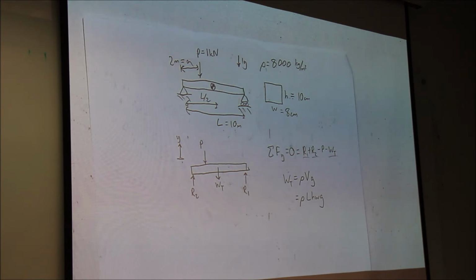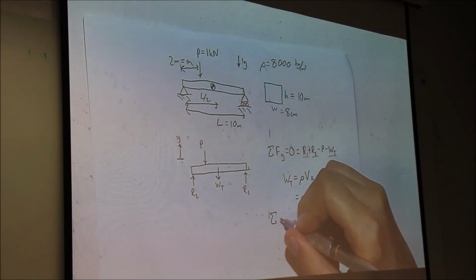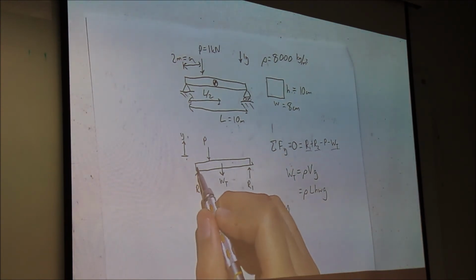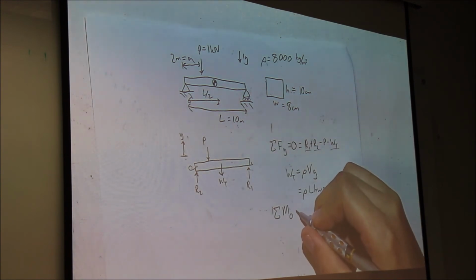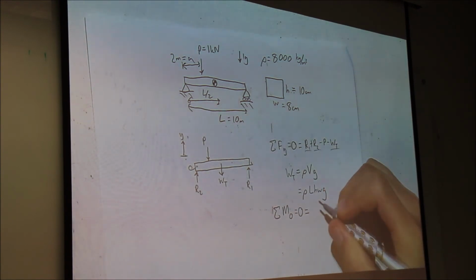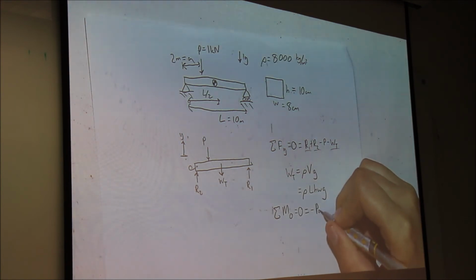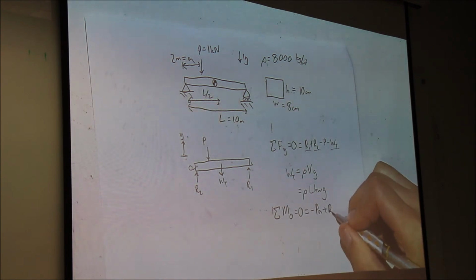R1 and R2, on the other hand, we do have to do a summation of moments, so let's sum up those moments about this point again. Let's call it O. MO is equal to 0, which is equal to negative PA plus R1L.